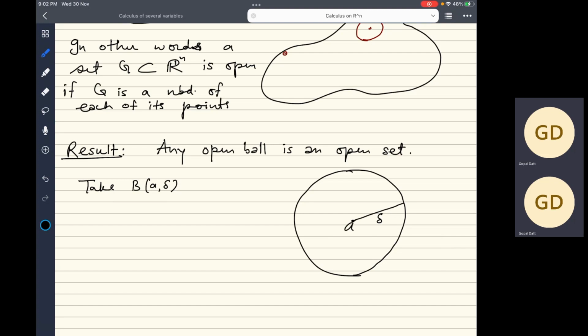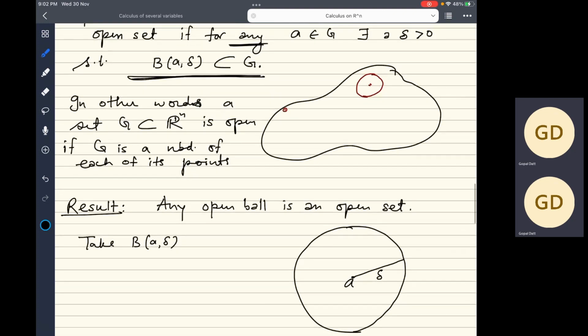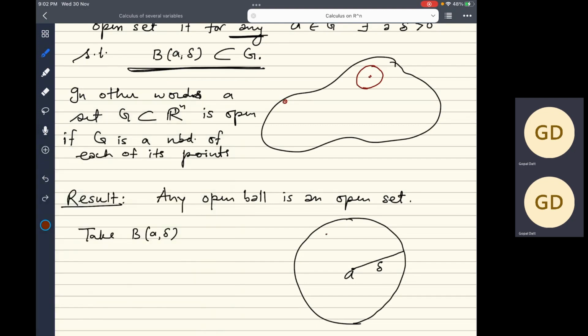This is point A. Now our aim is to show that this open ball is an open set, meaning if I take any point inside this ball, say this, so suppose this is a point X inside this ball, my aim is to give you an open ball centered at X which is entirely contained in B(A, delta), like this.